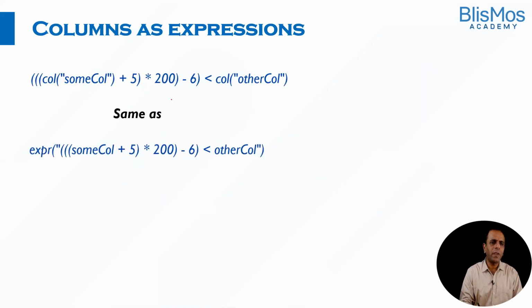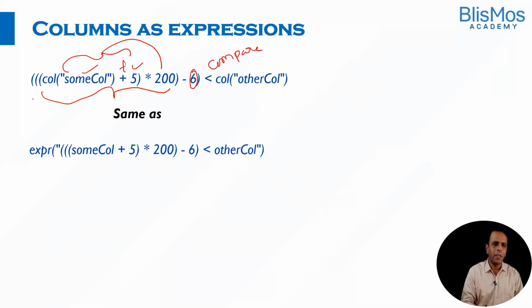In this example, we are taking one particular column and adding 5 to that and multiplying this whole result with 200. Then this whole result is getting subtracted by 6, and that we are trying to compare with one more column. This and this are same.